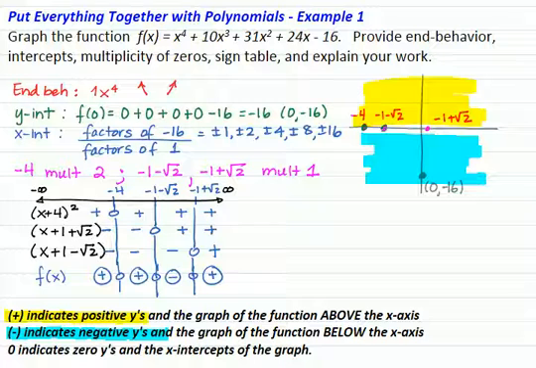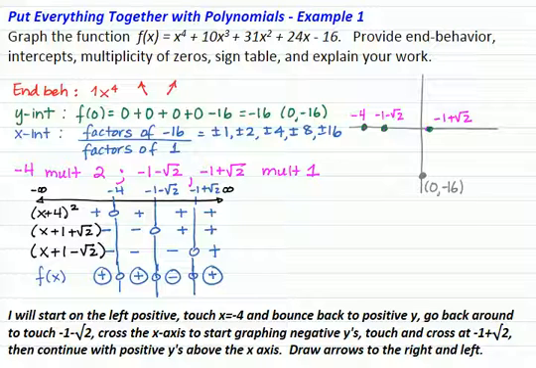So negative 4, negative 1 minus square root of 2, negative 1 plus square root of 2. So I'm going to start on the left, and I'm going to graph positive, which means above the x-axis, and then when I hit negative 4, I have to stay positive, so I'm going to have to bounce up and come back down to negative 1 minus the square root of 2.